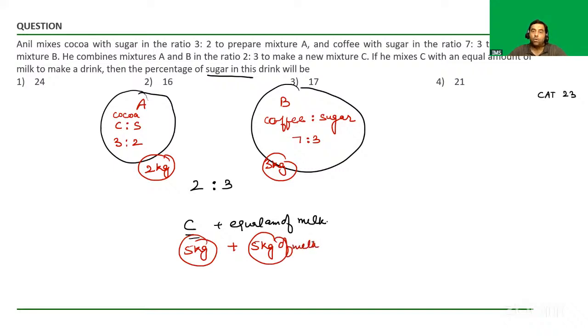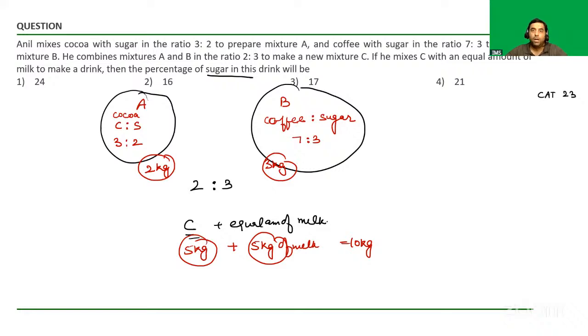So now I know the total weight of C along with milk is 10 kg. Now I have to calculate, out of these 10 kg, the weight of sugar, so that I'll be able to calculate its percentage.